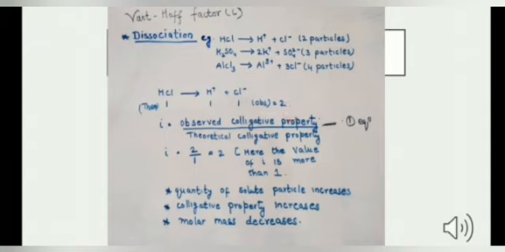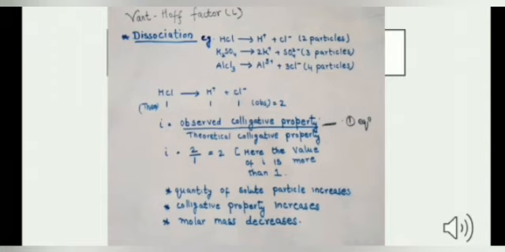Similarly, for potassium sulfate, there is only one particle, but when it dissociates it forms 3 particles. Similarly, for aluminum chloride, when it dissociates 4 particles are formed. So here the number of particles increases after dissociation.